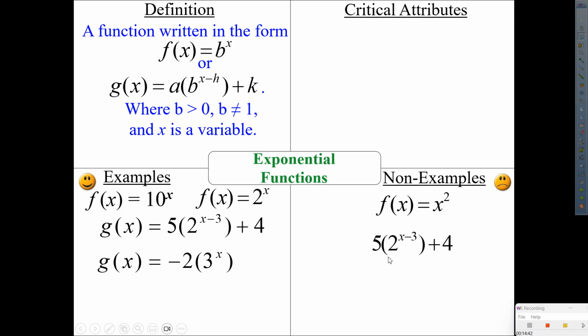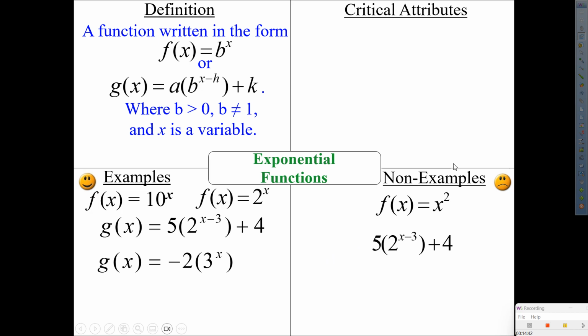Now, look at this one. Tell your neighbor why this second one is not an exponential function. Why is it not? Sean, pass on one. Mario. Yeah, it doesn't have the function notation or the equal sign.